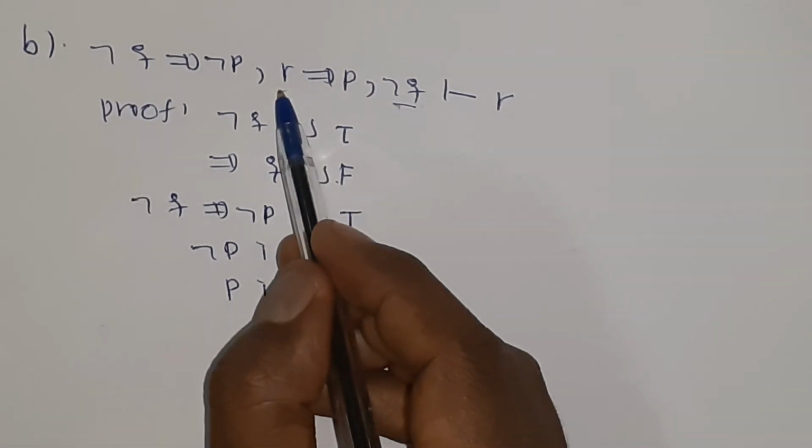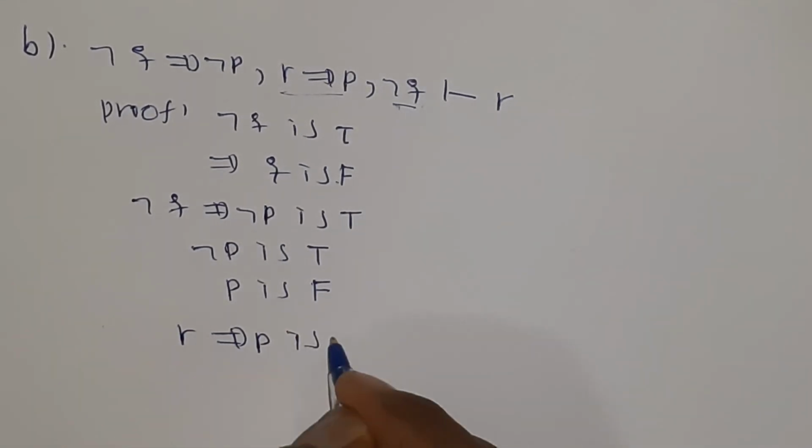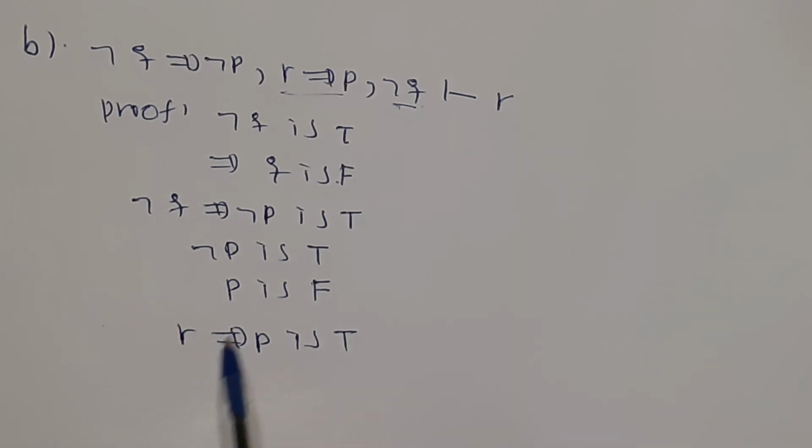If negation of P is true, this implies P is false. But from the next premise again, R implies P is true, but we have P is false here, so R must be false.